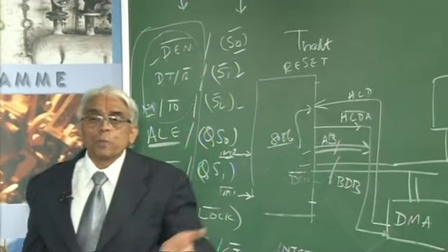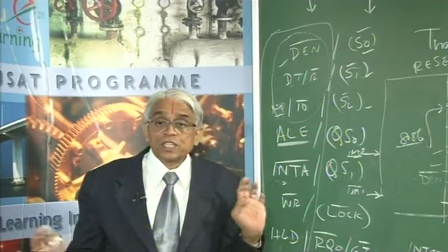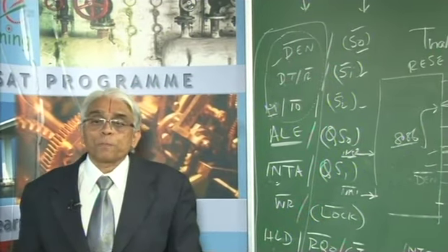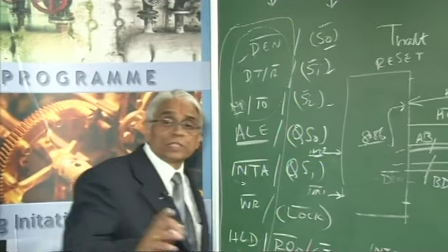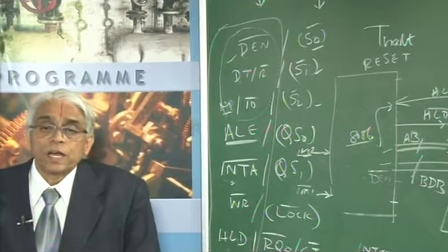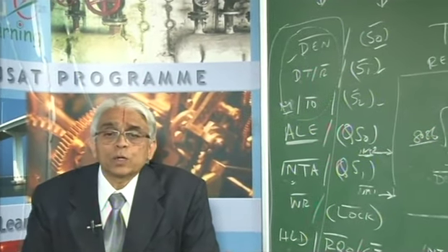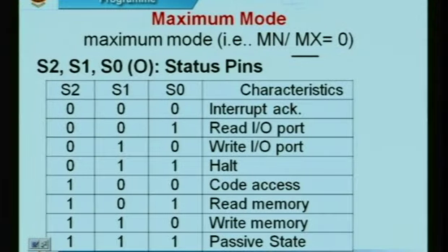Only in these two cases does the microprocessor come out of this state, and the system would not otherwise know why the microprocessor is not working. To enable us to understand, those 3 pins tell us the microprocessor is in the halt state. Whenever it is accessing code, we have 100. When it is reading memory, it has 101. When it is writing memory, we have 110, and when it is in passive state, it has 111.